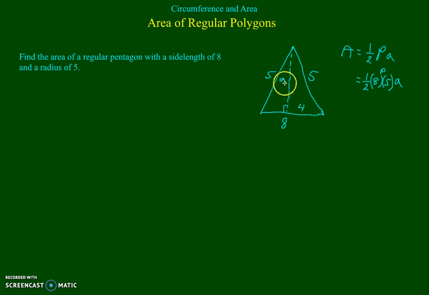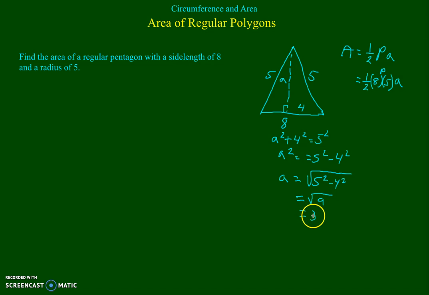And we can use the Pythagorean theorem to find the apothem. So we know that a squared plus 4 squared equals 5 squared. A squared equals 5 squared minus 4 squared. And solving for a by taking the square root of both sides, the apothem equals the square root of 5 squared minus 4 squared, which is square root of 9, which is 3.